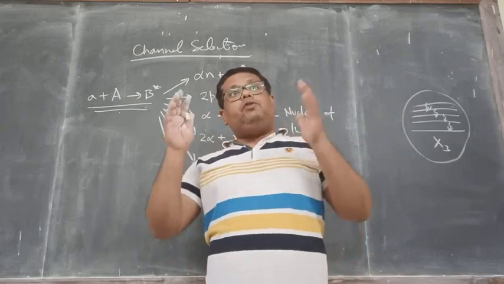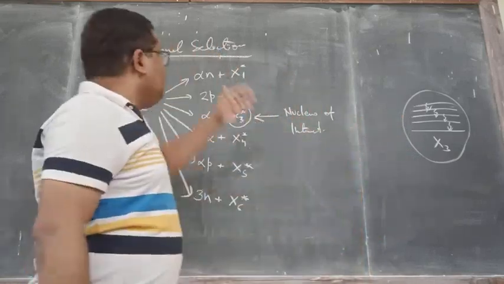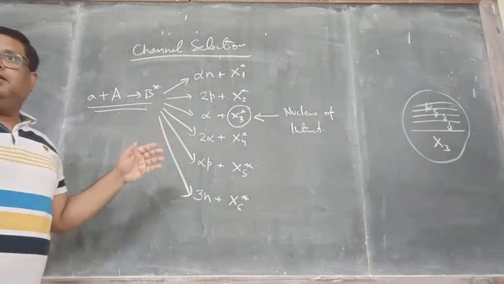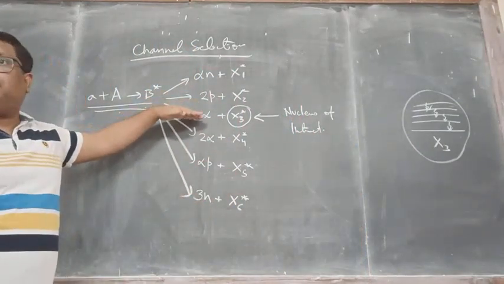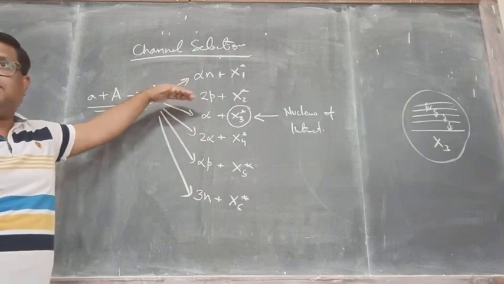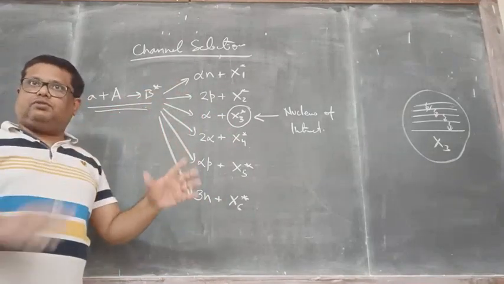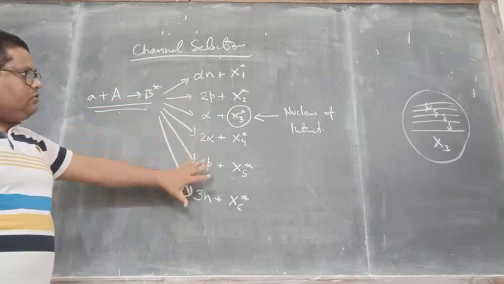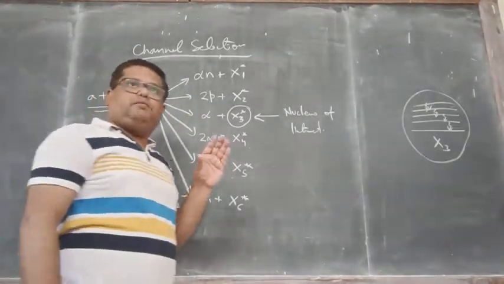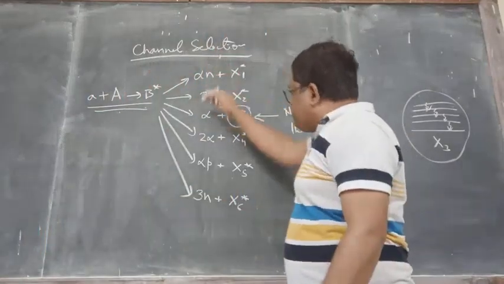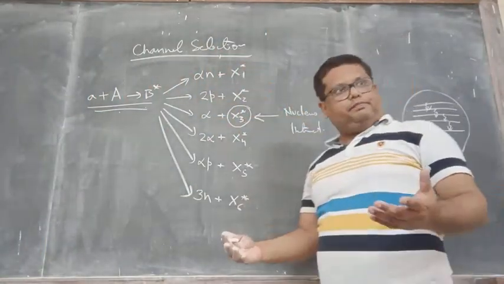But remember, we are talking about possibilities. Not all possibilities are equally probable. Some will have more cross section, some will have less cross section, right? Now that's a separate issue. Right now I am talking about the fact that during de-excitation of this compound nucleus B star, 6 types of possibilities have opened up.